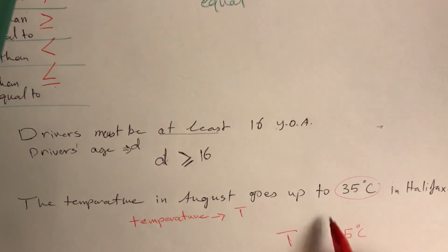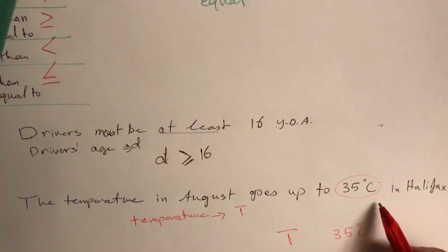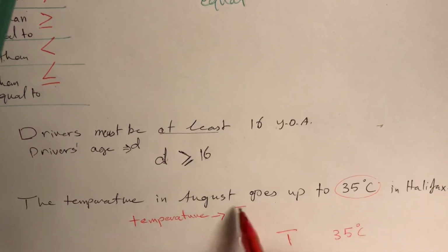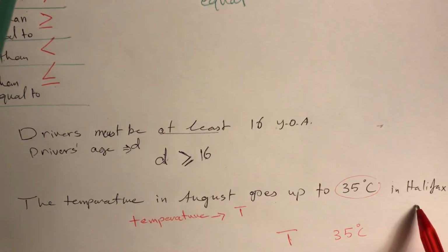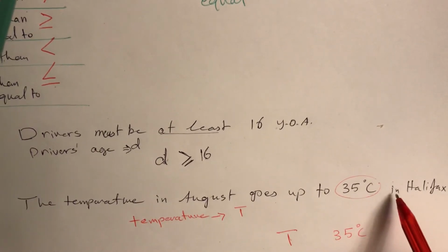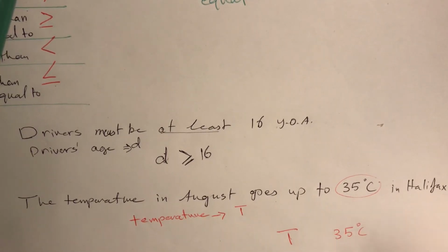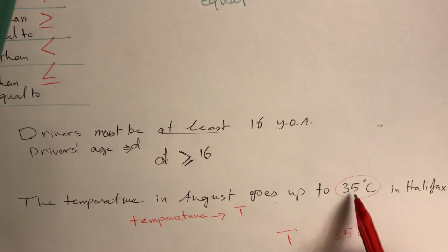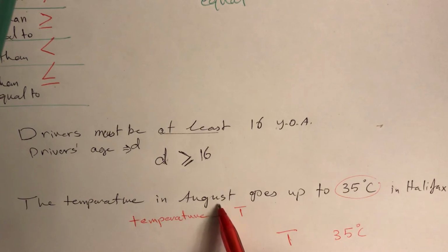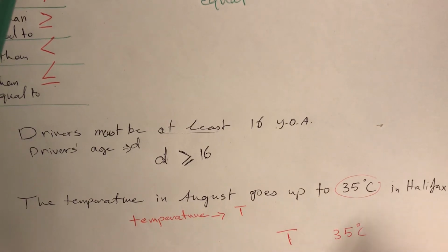So let's ask ourselves, if it goes up to 35, could the temperature be less than 35? If the temperature is 30, does that agree with the statement? If somebody tells you in Halifax temperatures go up to 35 and you wake up August 2nd and the temperature is 30, does that contradict the statement? No, it doesn't.